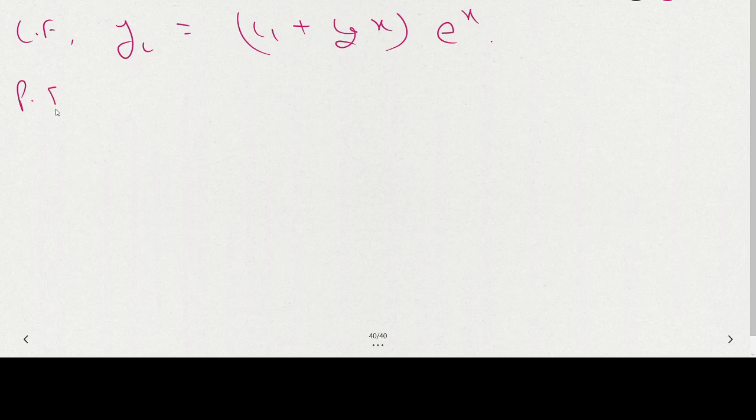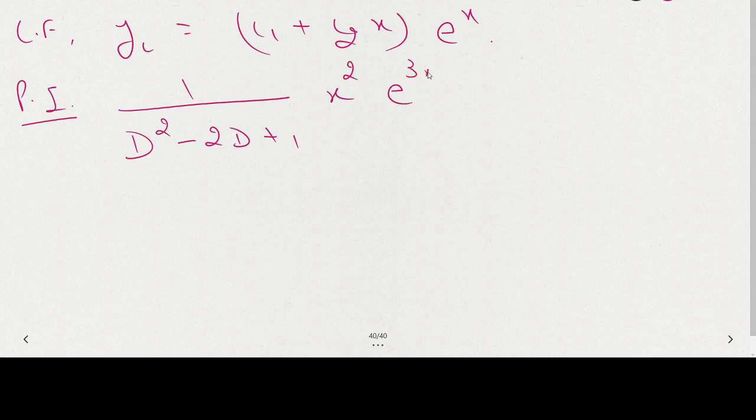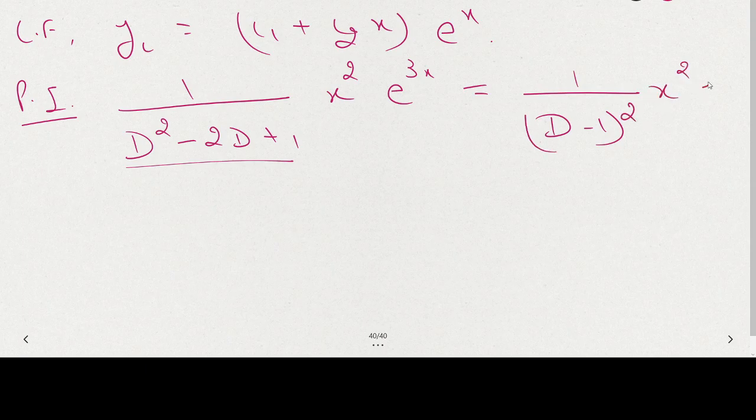Now for the particular integral, we have to write it like that: 1/(D² - 2D + 1) multiplied by Q(x), and in this equation Q(x) is x² multiplied by e^(3x). So we can write it like that: 1/(D-1)² x² e^(3x).